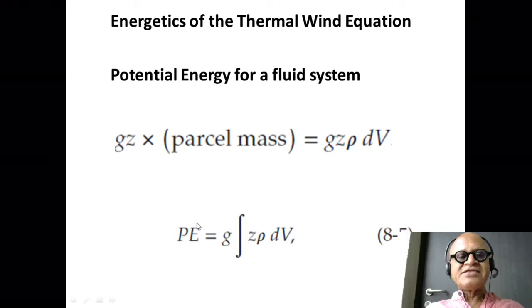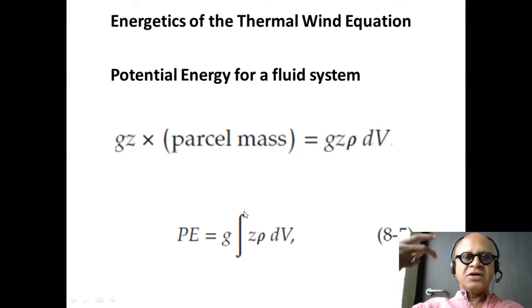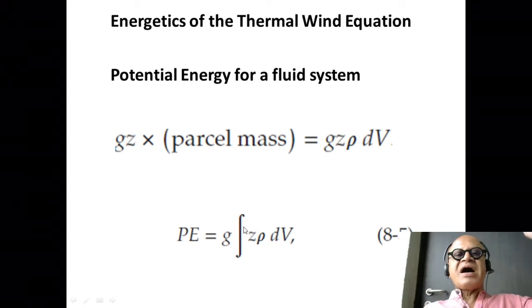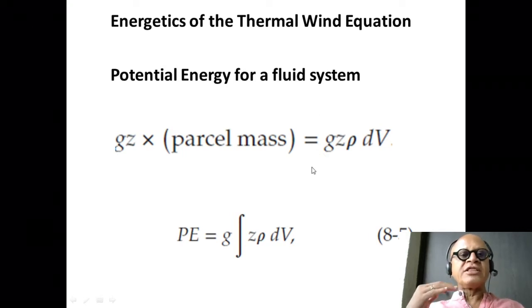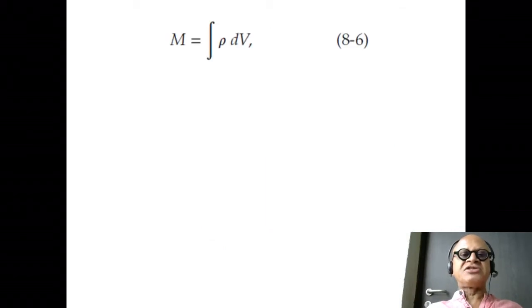So PE, in this case, the potential energy of this parcel, or the air column, is integrating over some height times rho dV. So we're just going to integrate this equation from some height to another height to look at the relative change in potential energy in that system.